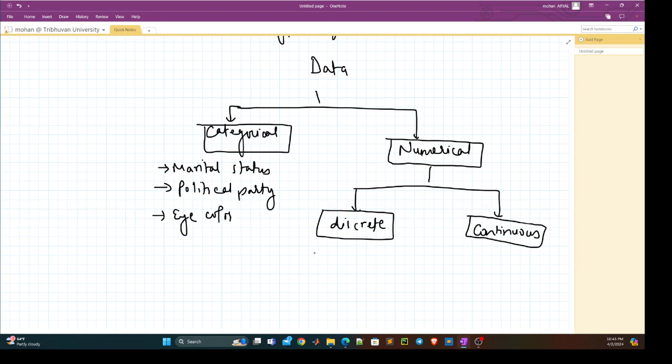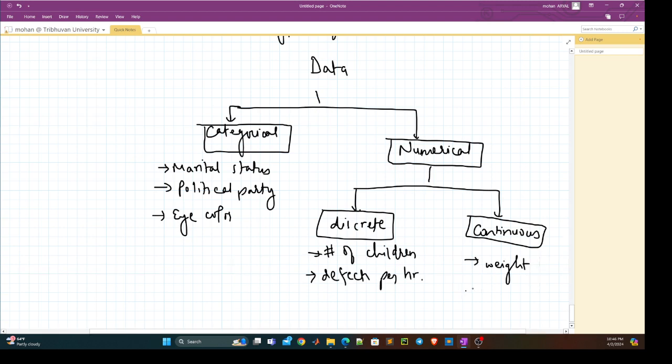And for discrete numerical data, you can say the number of children, defects per hour. And for continuous we have width, and the second one will be the voltage.